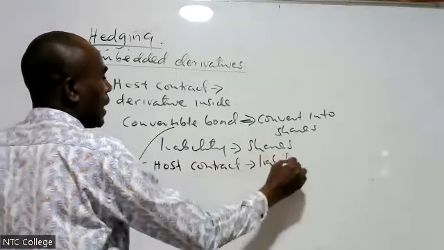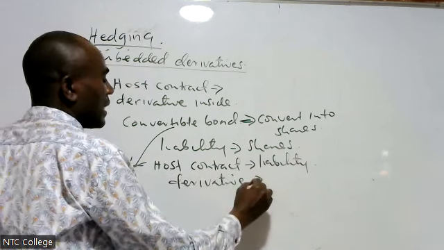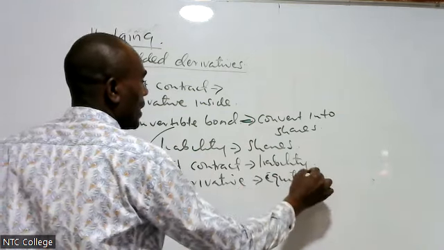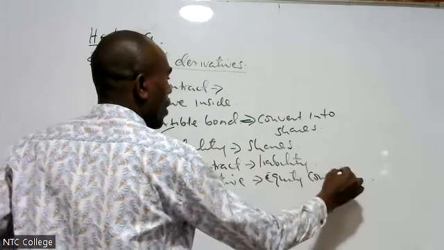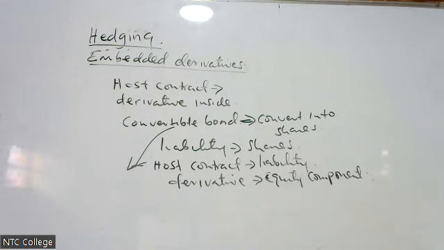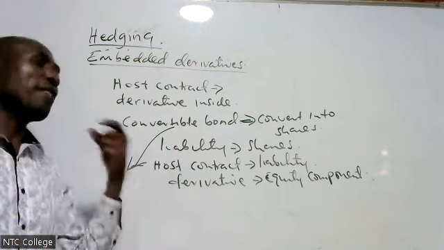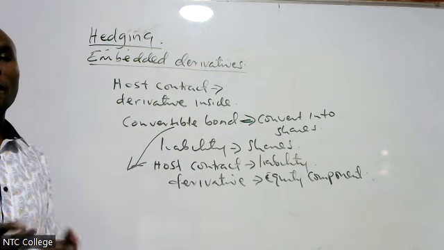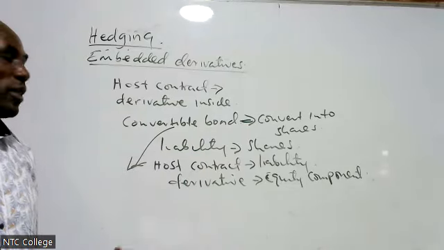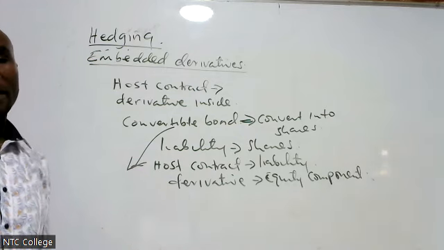Then there is a derivative embedded inside, which is the equity component. When we hear a convertible bond, you just see a bond, but when we go inside it, there is a derivative, which is the equity component.